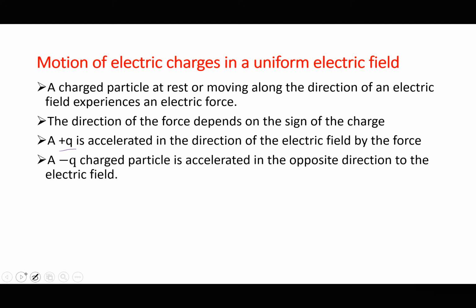Therefore, in a uniform electric field, a positive charge will experience a force in the same direction as the field, from high potential to lower potential. Yet a negative charge will experience a force in the opposite direction to the field, from low potential to high potential.